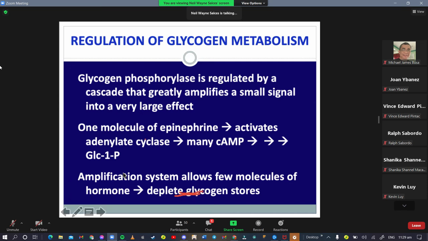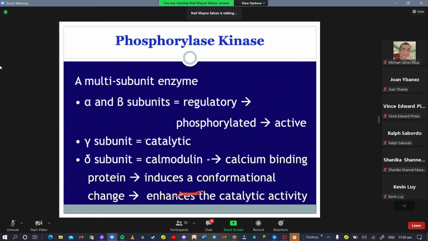This amplification system allows few molecules of your hormone to lead to the depletion of your glycogen stores. You also have your phosphorylase kinase that is responsible for the activation of the multi-subunit enzyme, which has alpha and beta regulatory subunits.